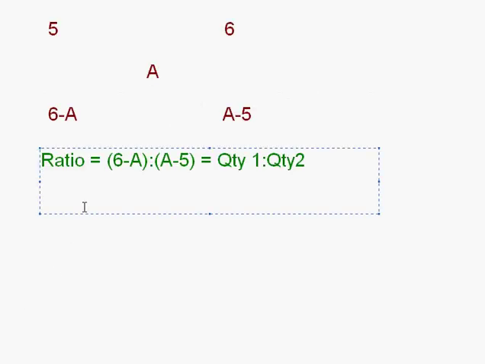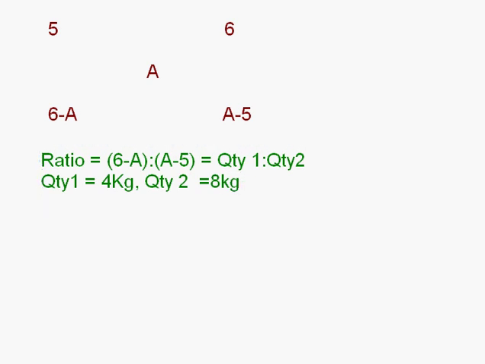Okay, so quantity 1 is 4 kgs and quantity 2 is 8 kgs. Okay, so now what we can do from this quantity, we can easily equate it to the ratio that we found from the rule of allegation.